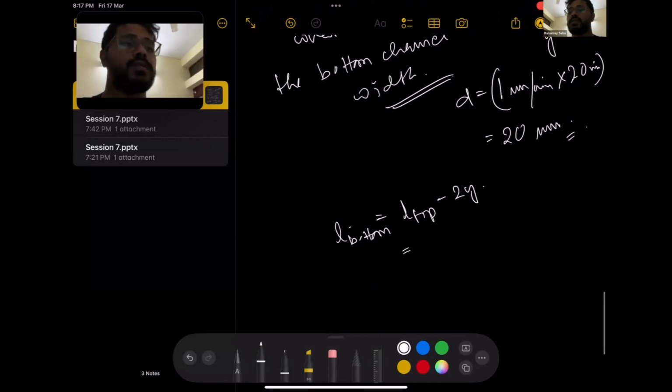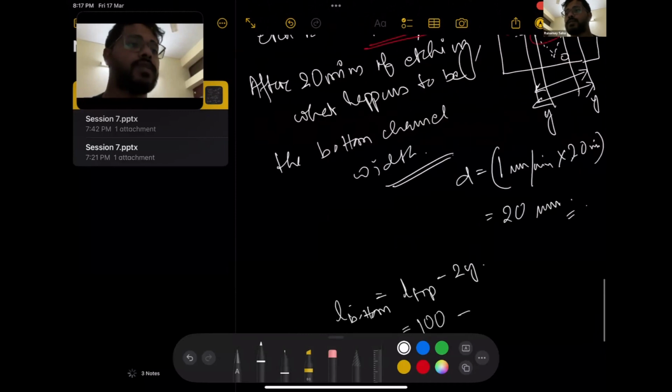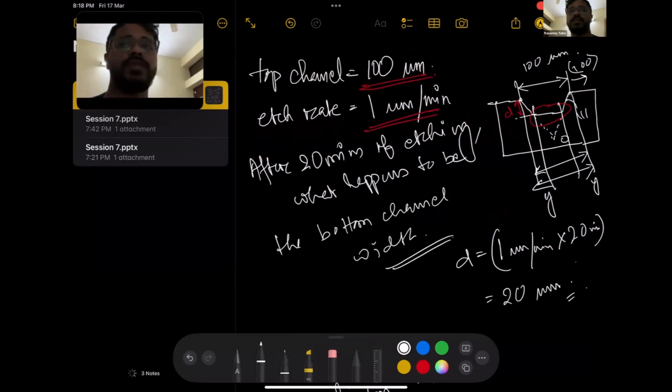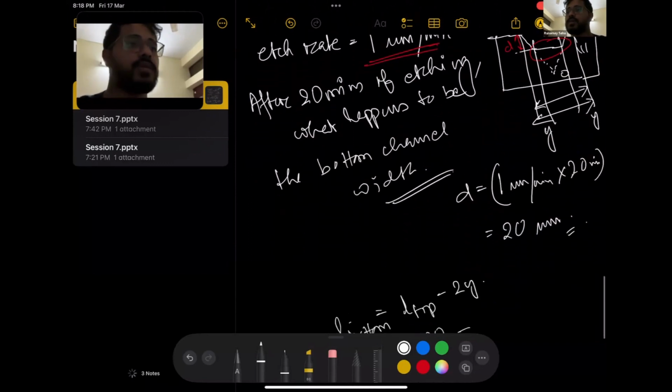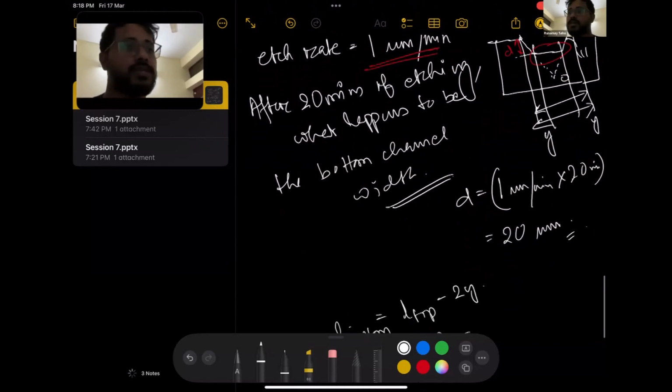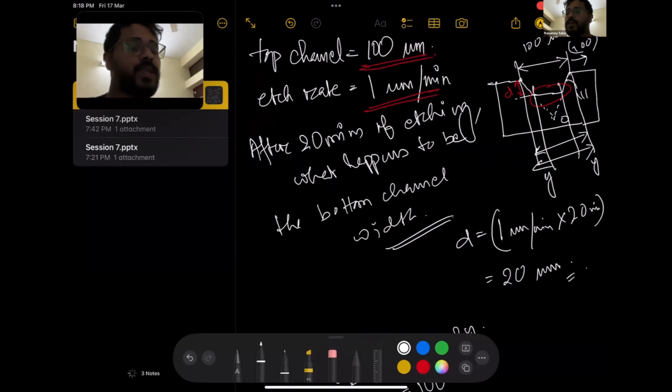So what is your L top? That is 100. And what is your y? We have found D is 20 microns. So y becomes D by tan of alpha, alpha being the angle between your 100 and 111 planes.